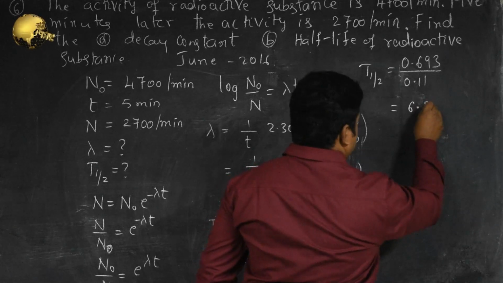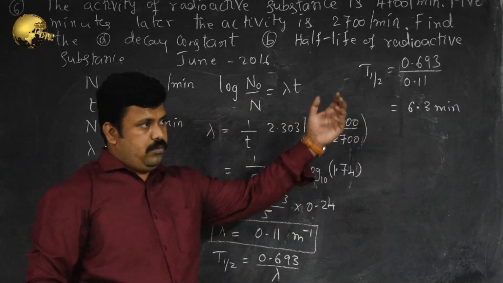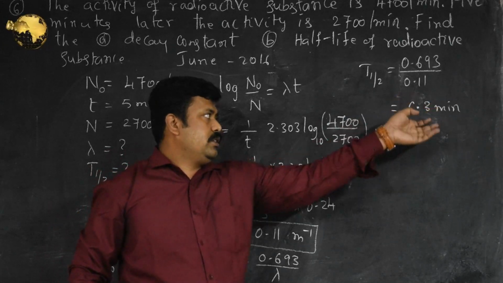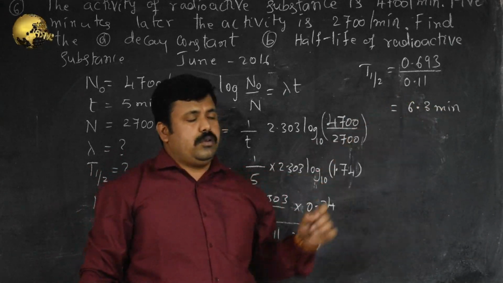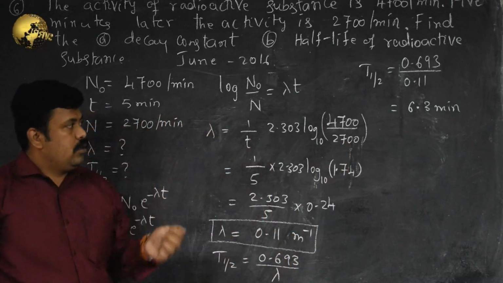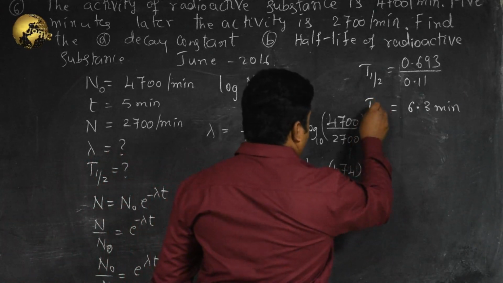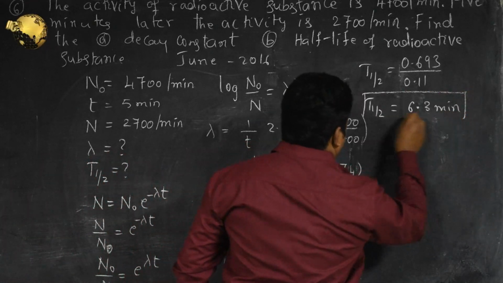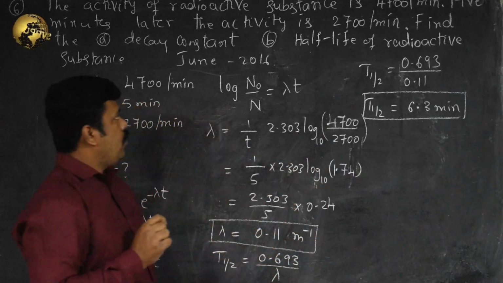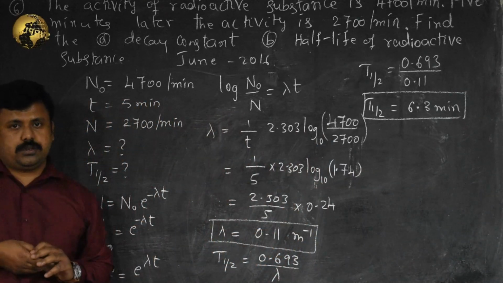It's coming out to be 6.3 minutes. You can also convert it into seconds by multiplying with 60, or you can stop it there. So we calculated the values of the decay constant and also the half-life of the radioactive substance. Let's move on to the next question.